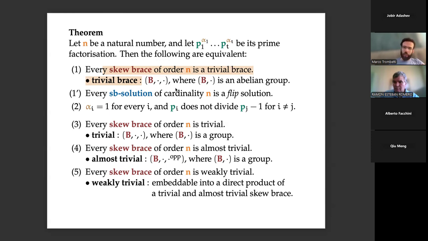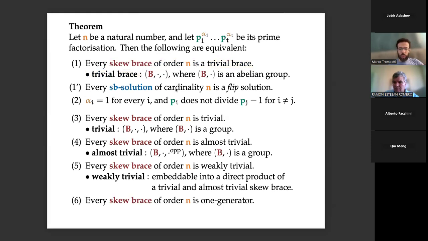And finally, there is another condition here. It is somewhat related, but it gives you one more piece of information, because it tells you that all skew braces of that order must even be one generated. One generated means that there is one element of the skew brace whose only sub-skew brace containing it is the whole skew brace.